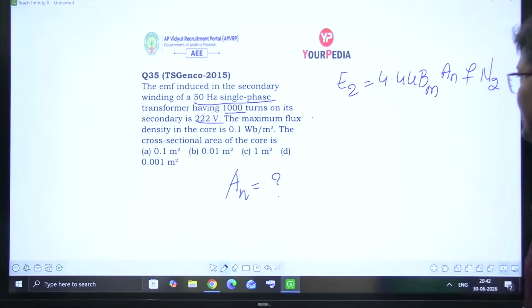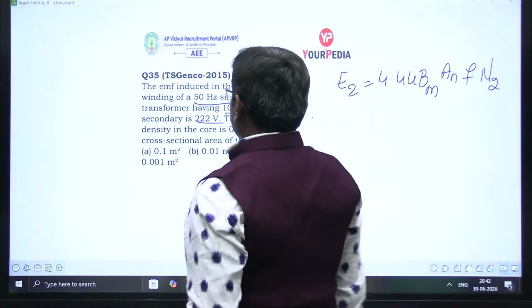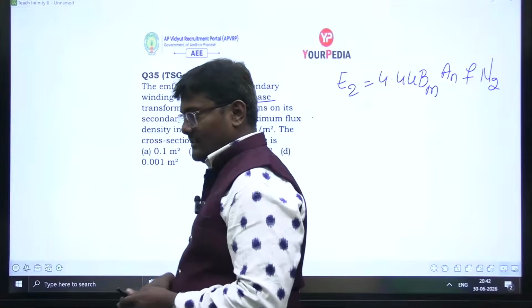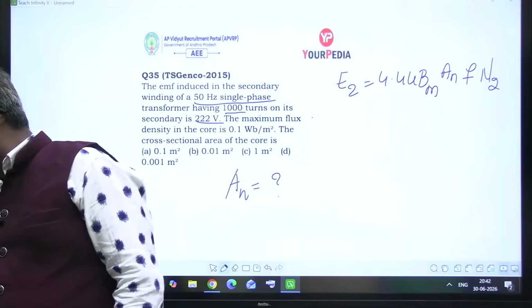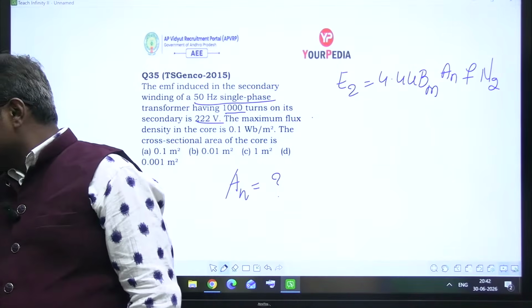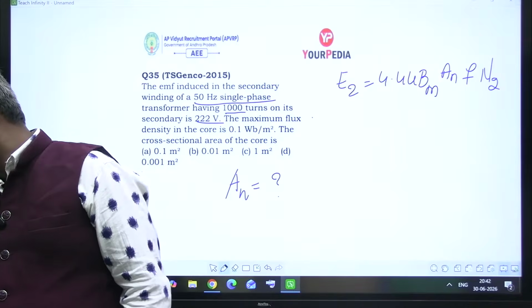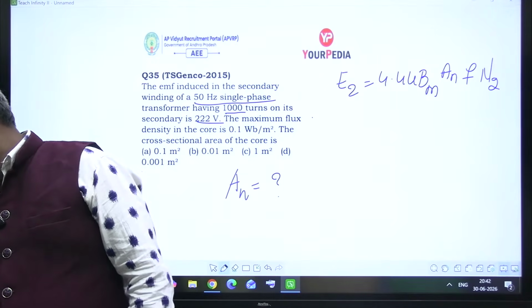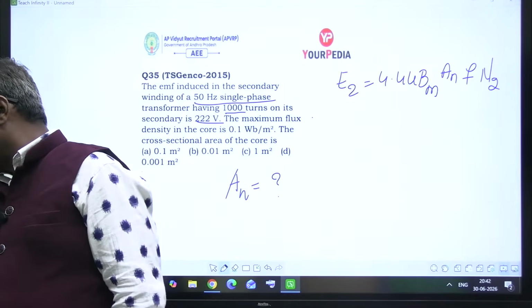Yes, D. Check. Is it D or not? Is it in centimeters?